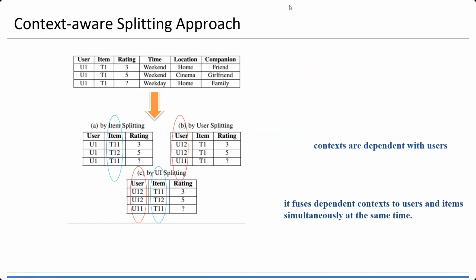Sometimes people also use very simple splitting. They simply split by item, or they can split by user, or they can split by user and item.